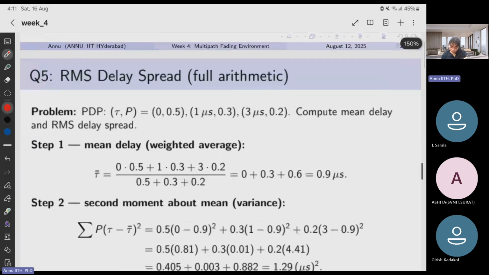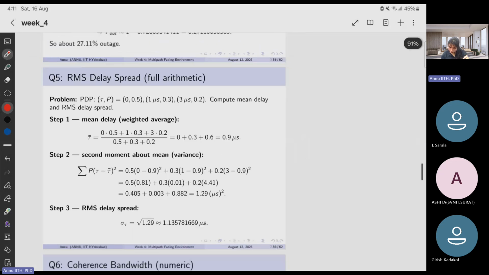Moving to the next question, we have a PDP with tau and P of these values, compute the mean delay. How will you compute?